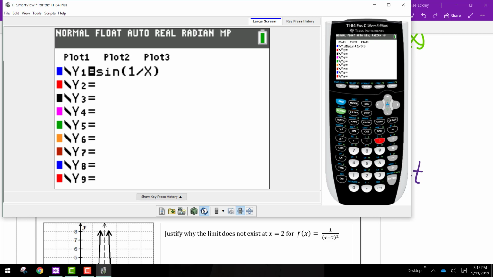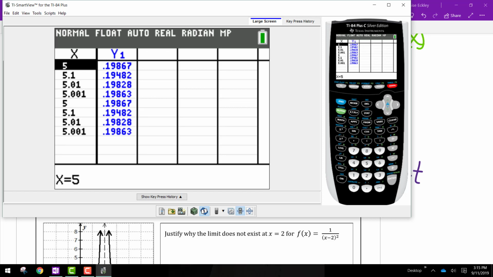And then if we look at our table, and I put in negative 0.1, you can see I get a positive value. If I put 0 in, it's going to be undefined. And then if I put 0.1 in, I can see that I get a negative value.